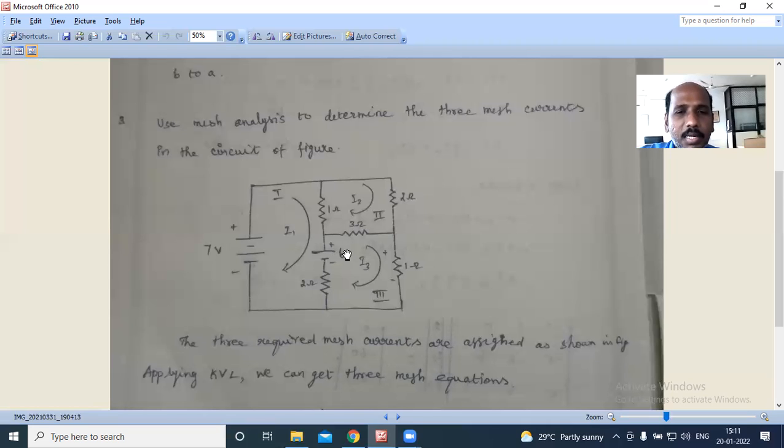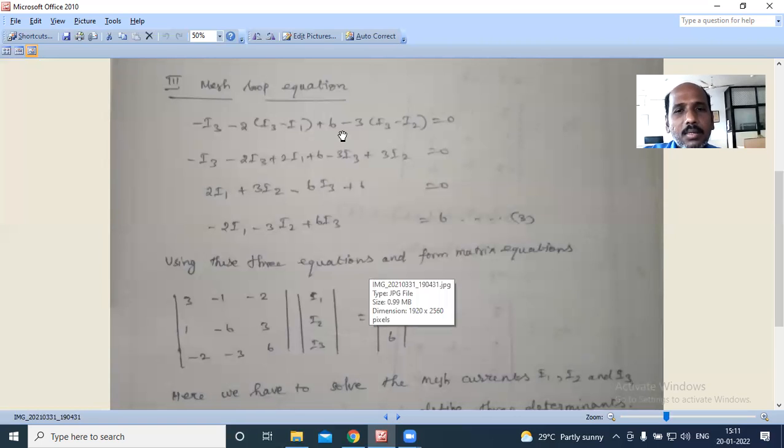A resistor always gets a negative sign. The battery gets its sign depending on whether the positive terminal is supplying the current or not. If the positive terminal is supplying the current, it is positive. Otherwise, if the negative terminal side is supplying the current, it is negative. Here +6. Then -3, the next resistor.